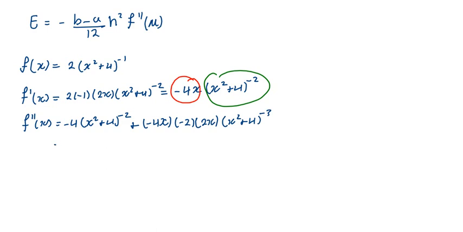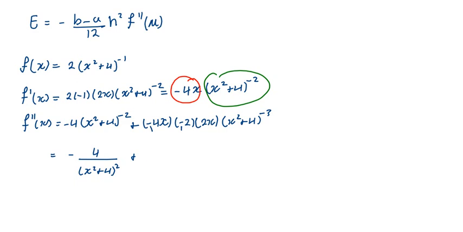So this can be written as: we have minus 4 divided by x squared plus 4 squared. Then here we're going to have plus, because this negative times this negative is positive. So we have 4 times 2, 8 times 2, we have 16, then x times x, that would be x squared.